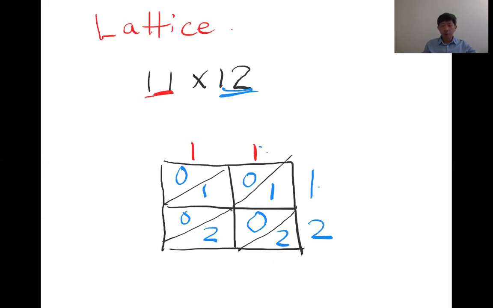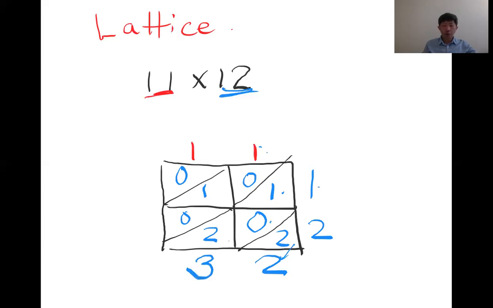All right, so this is the units, which is 2, okay? This is tens, this is tens, right? So we take 1 plus 0 plus 2, which is equal to 3, right?